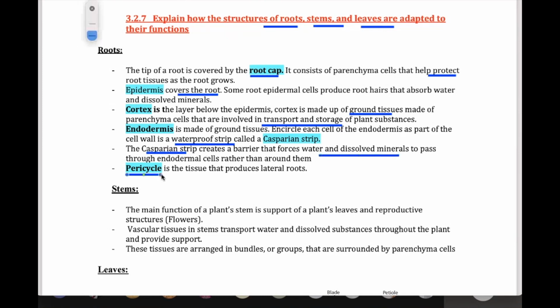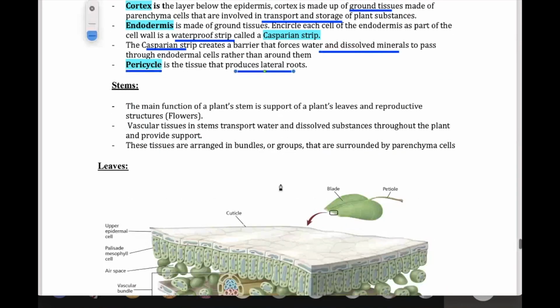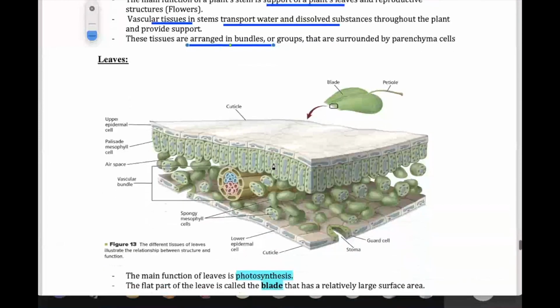Then we have the last one, the pericycle, which produces the lateral roots. Stems. The main function of the stem is to support a plant and produce flowers. Vascular tissues are present in the stem, so it is also important for the movement of water and dissolved substances. And these vascular tissues are arranged in bundles.